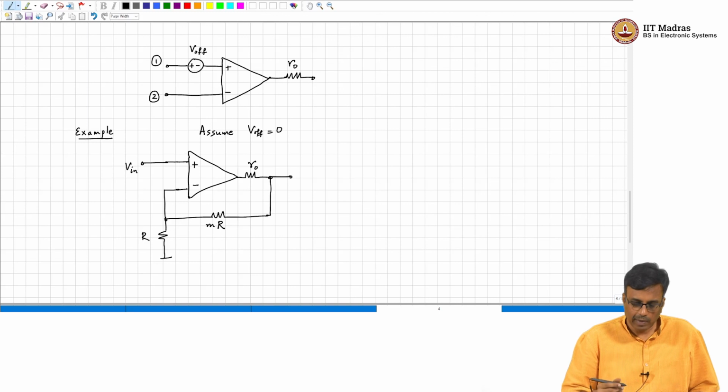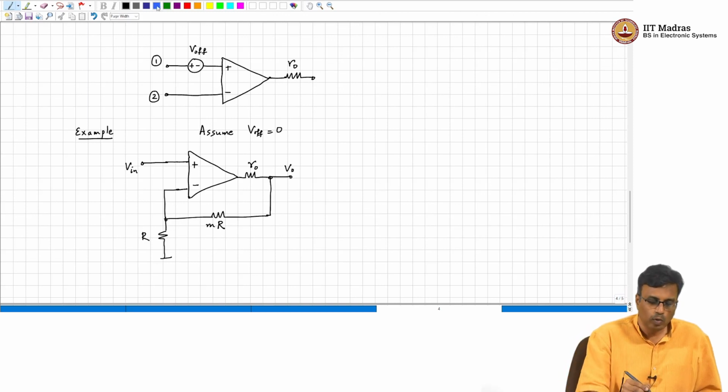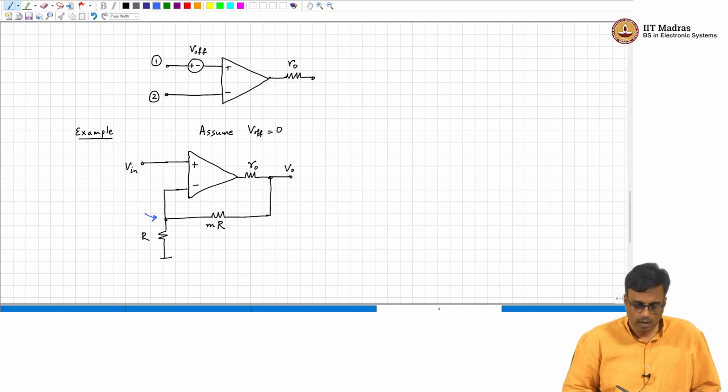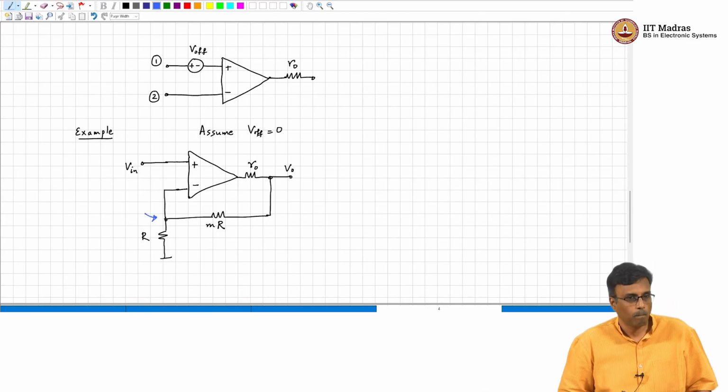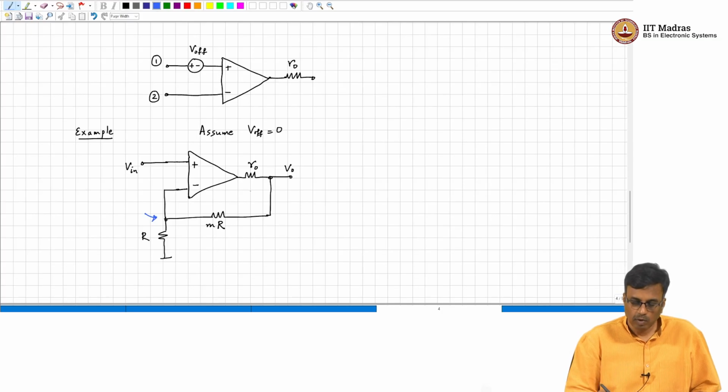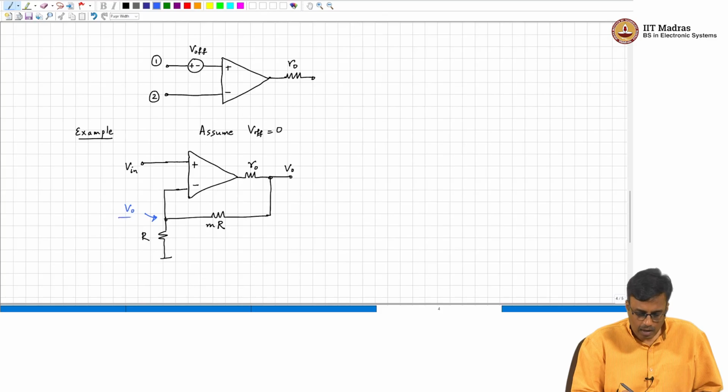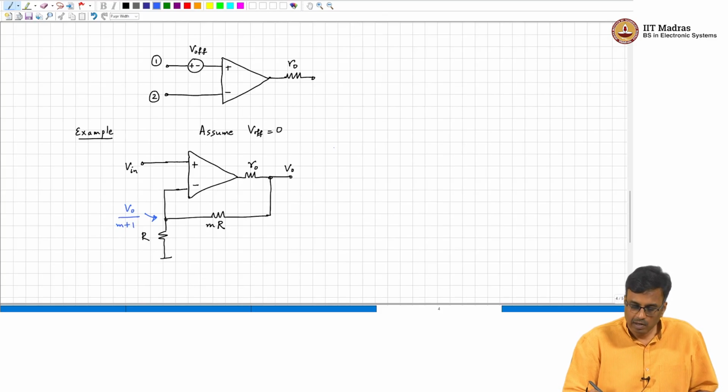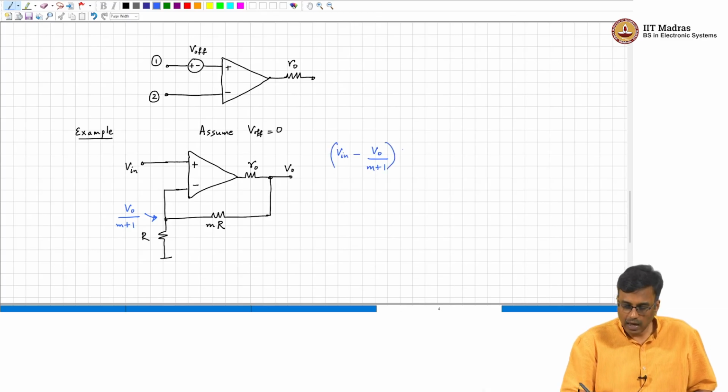So, what do we do? Let this be V O. If that is V O, what is this voltage? Very good. This is V O by m plus 1. So, V in minus V O by m plus 1, times A, represents what voltage?